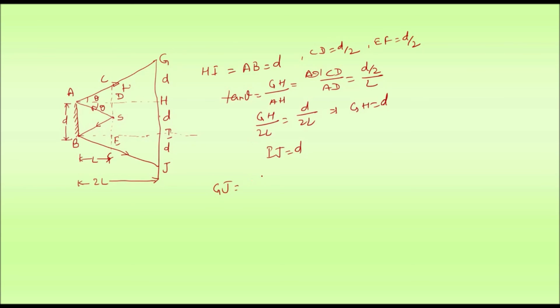So GJ is equal to GH plus HI plus IJ, which is equal to d plus d plus d, that is 3d. So the greatest distance over which the man can see the image of the light source is equal to 3d.